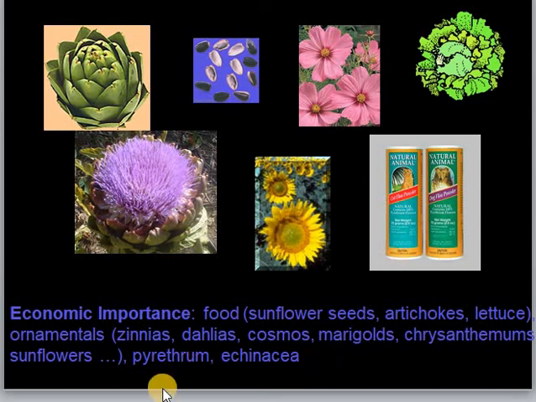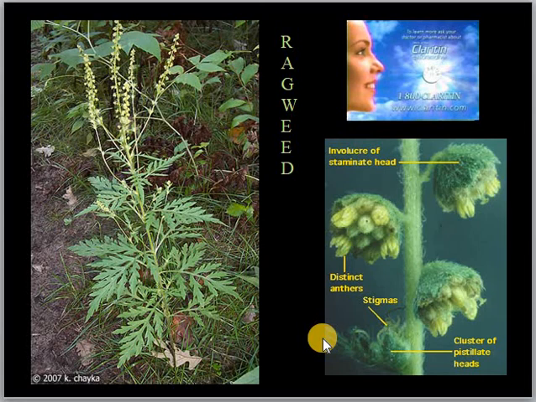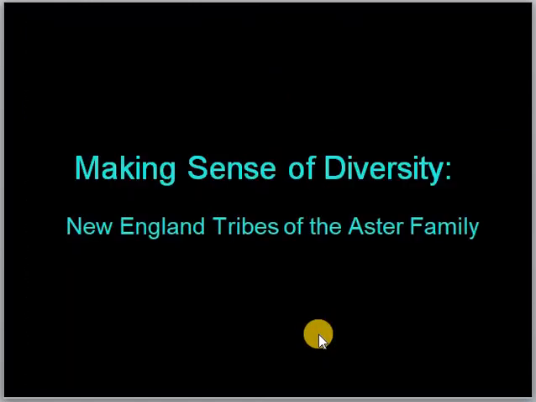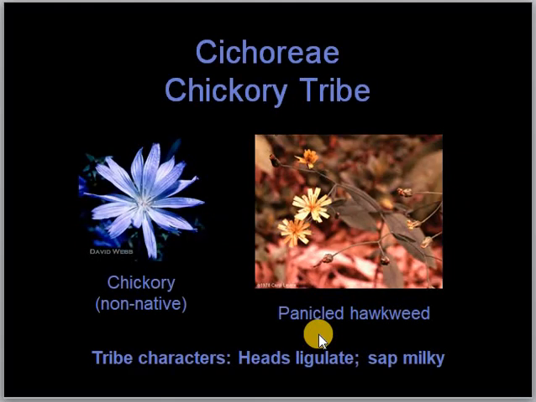And coming to the economic importance of this family, many of the plants are garden flowers. Then sunflower and lettuce also belong to this group. So they are edible. A lot of flowers are used as medicinal plants, and chicory is a plant belonging to this group.